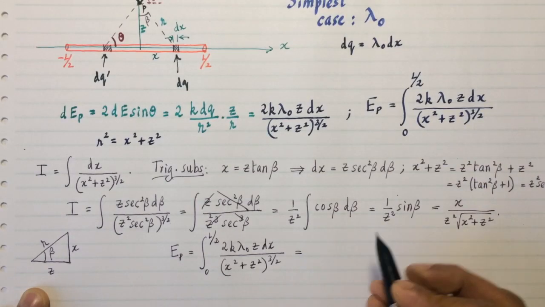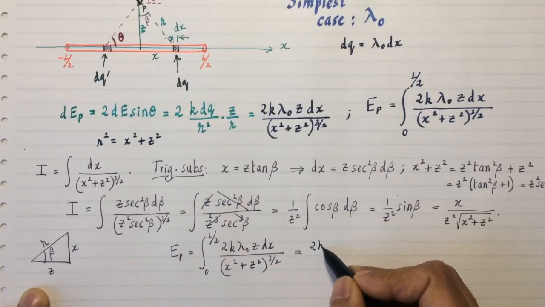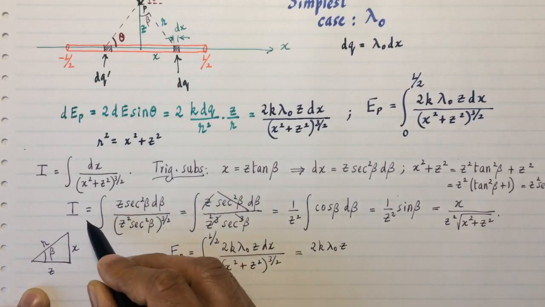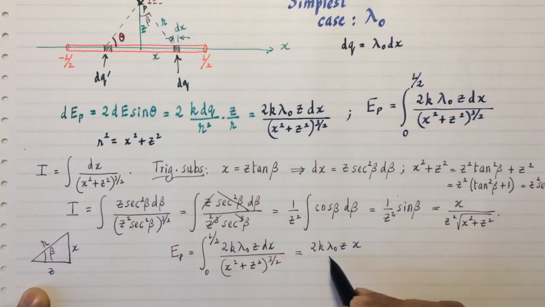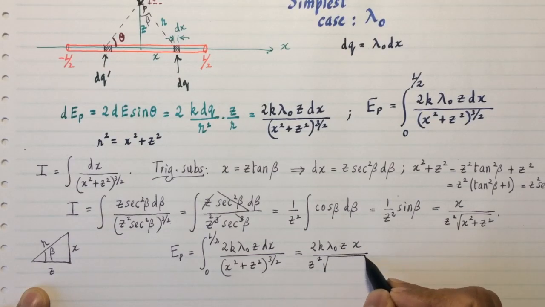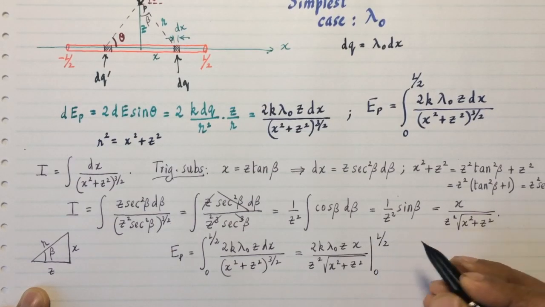That will be equal to, now remember 2k lambda naught z are still there, so it's 2k lambda naught z times this integral which I called I before, which is that, and between the limits of 0 and L over 2.